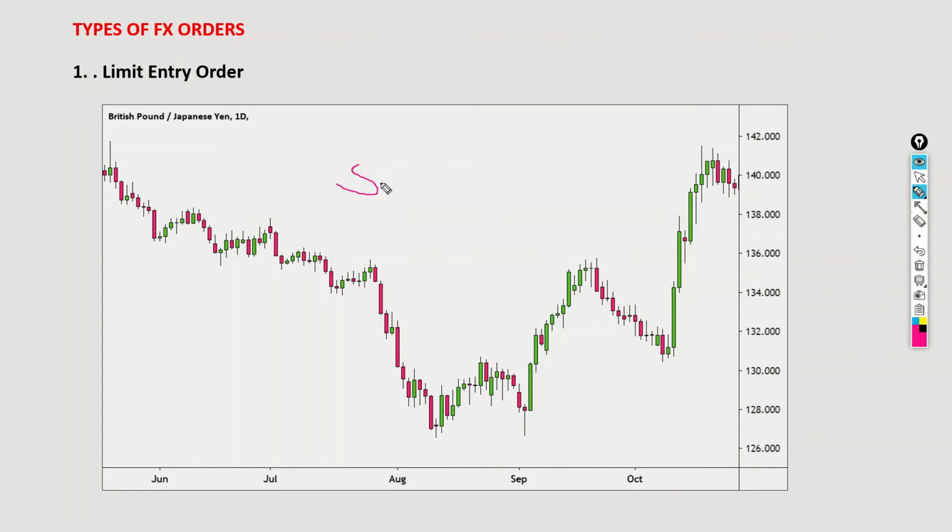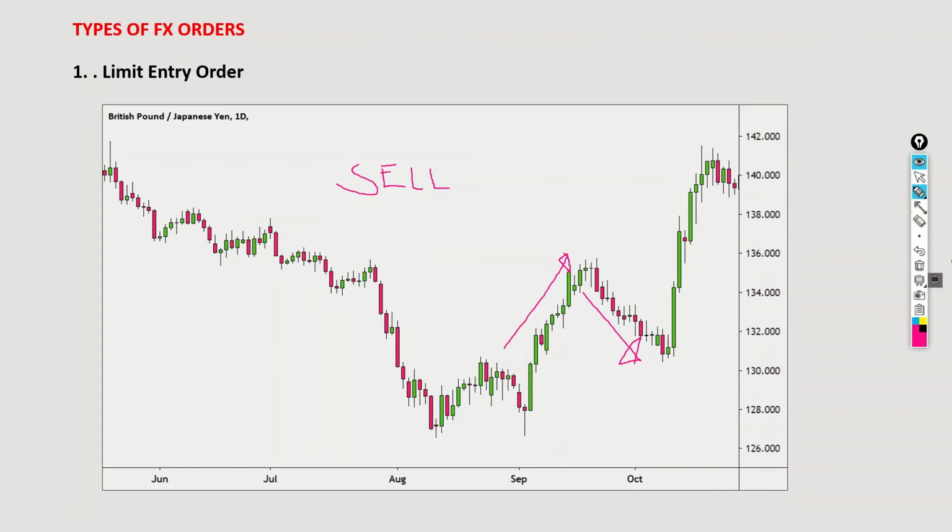If it is a sell limit order, a sell limit order means that the price is going up, but when it reaches a certain level, it is going to sell back. So for example, when you look here, the price is nicely moving upwards, but you say when it reaches this level, it is going to finally go down.